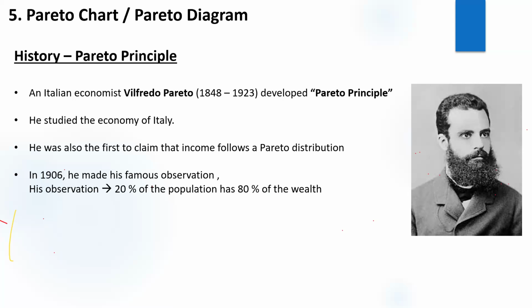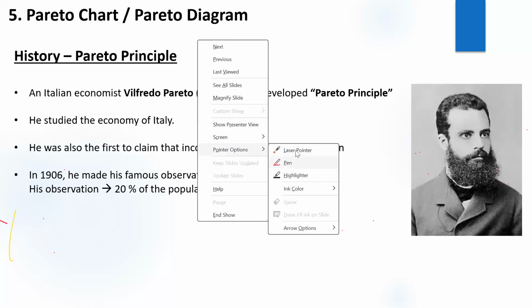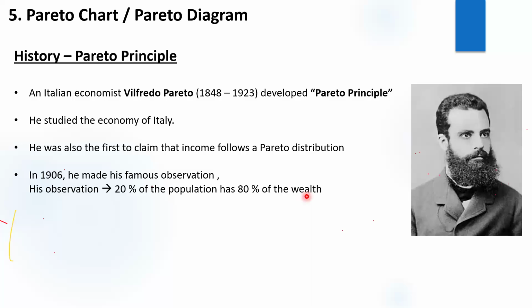When he studied the economy of his own country, Italy, his observation was that 20% of the population has 80% of the wealth, and 20% of the wealth is distributed among the 80% of the population. So once again, Pareto was an Italian economist and he is famous because he developed the Pareto principle, his famous observation that 20% of the population has 80% of the wealth.